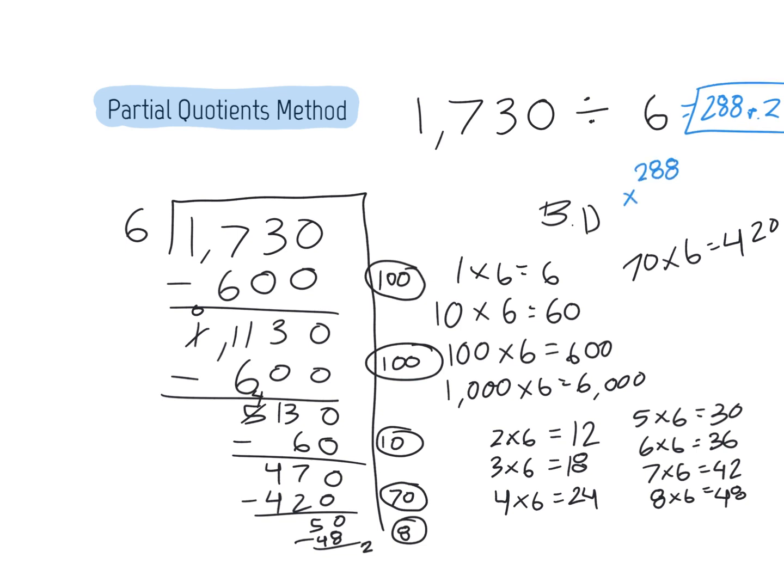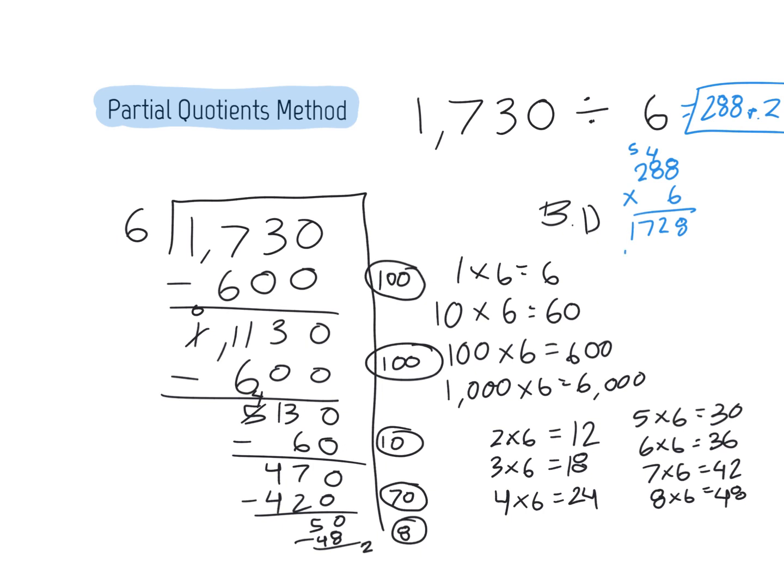288 times 6 equals, I'm going to have to erase here to get some room. Okay, 6 times 8 is 48. 49, 50, 51, 52. 6 times 2 is 12, plus 5 is 17.